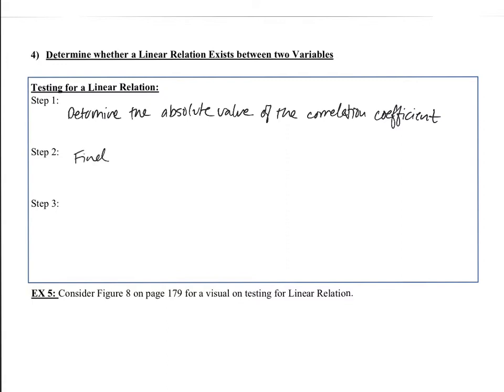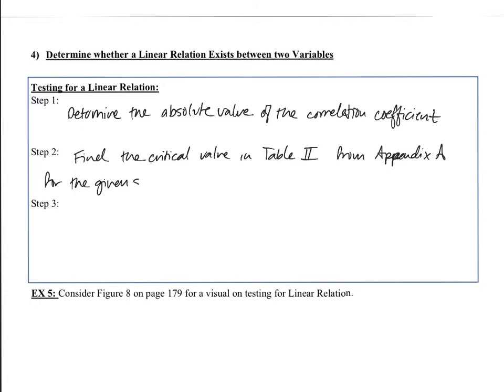So find the critical value for the given sample size. And I'll upload a video for this specific piece of using the table in your video help section of the resources in Laulima, so make sure to look for that.